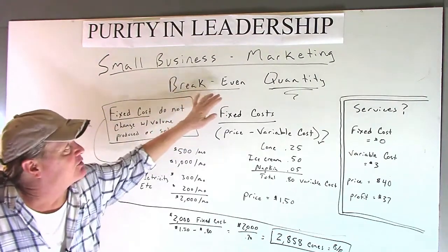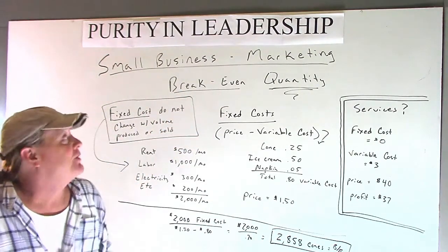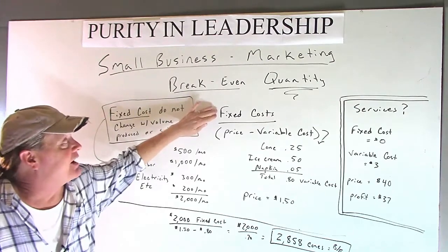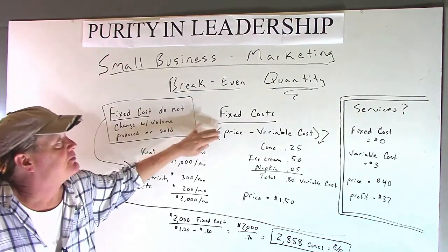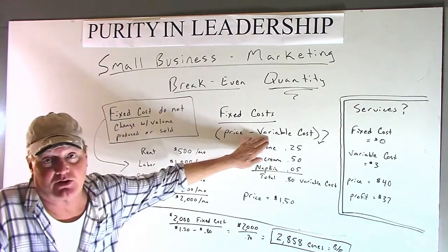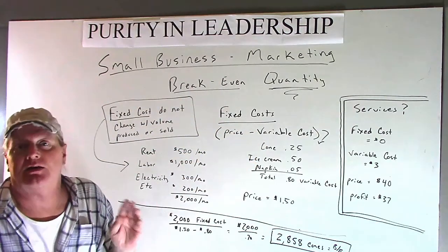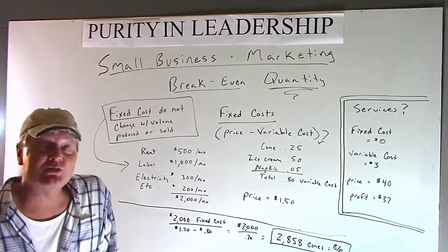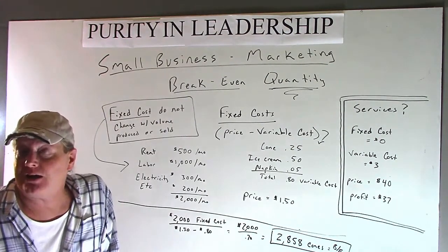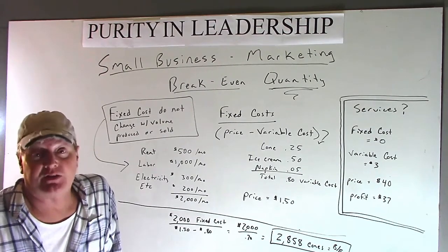Our break-even quantity is found by dividing our fixed cost by price minus our variable cost. Hang with me. I know you just went, oh, I hate math. But this is extremely important if you're going to have a business with a fixed cost.